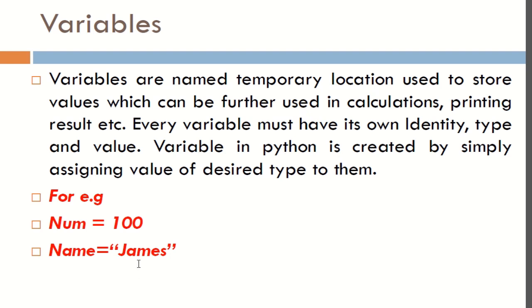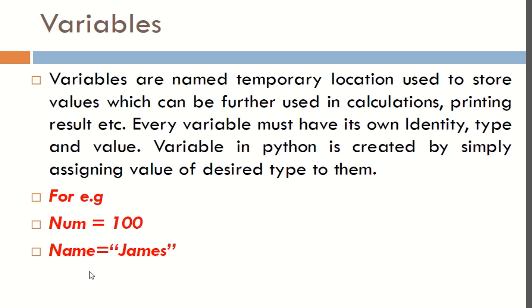You could not give, say, 100 to num and then James also could not give the variable name as num. You can give num as capital NUM. In this you can write small num, then these two would be different, because you know that in Python, case sensitivity is available.